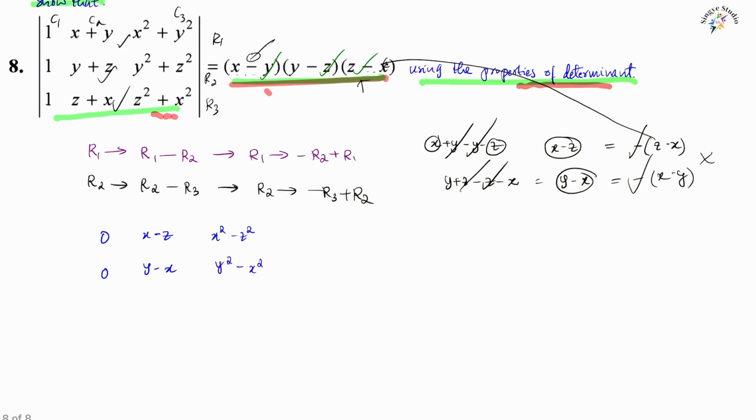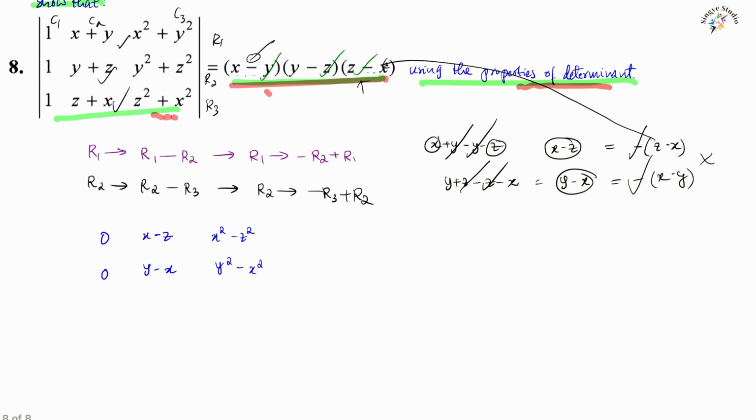We didn't perform any operation to row 3, so it will remain as it is: 1, z plus x and z squared plus x squared, okay, like this. So this is the result after the first set of operations.